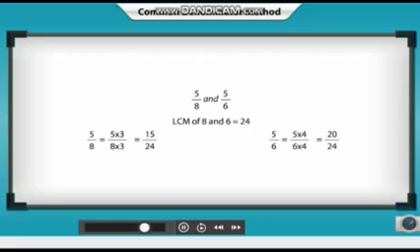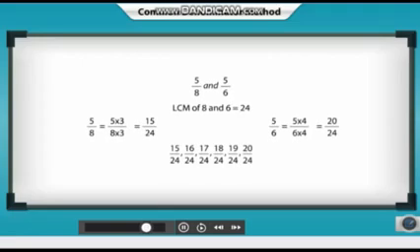The rational numbers between 15 by 24 and 20 by 24 are 16 by 24, 17 by 24, 18 by 24 and 19 by 24. In the above problem, we have found only 4 rational numbers between 5 by 8 and 5 by 6. But there are countless rational numbers between 2 given rational numbers.